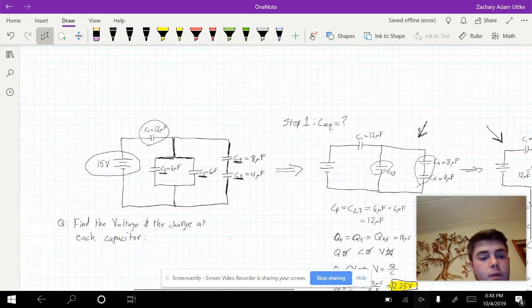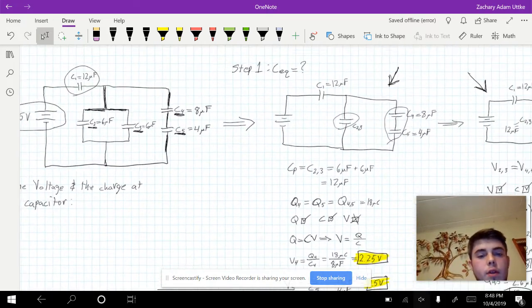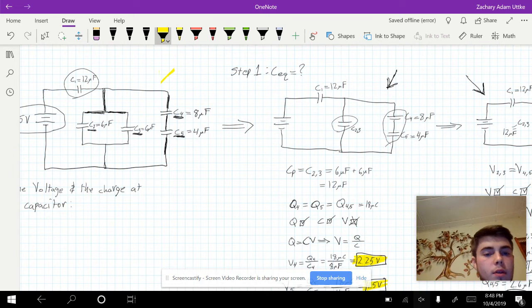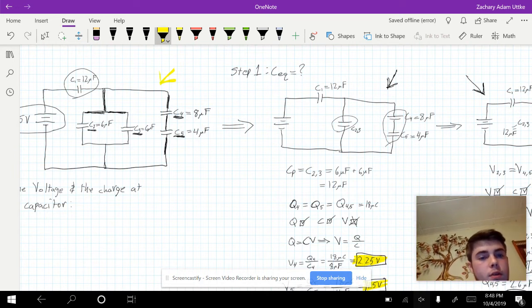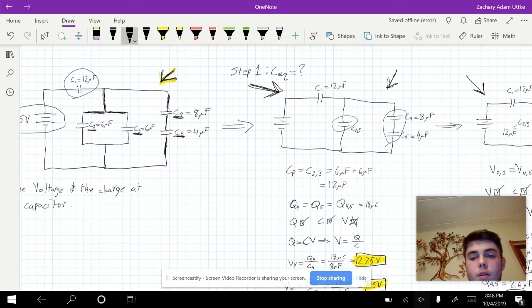And finally, we can go back to our initial circuit. So the difference between our first circuit and this circuit here is in C2, 3.